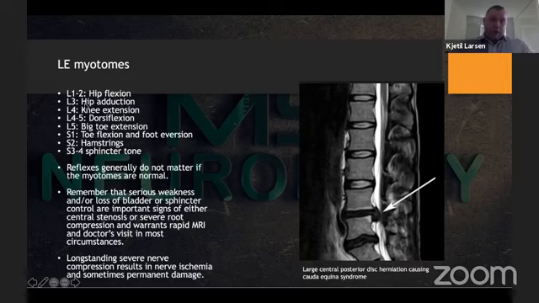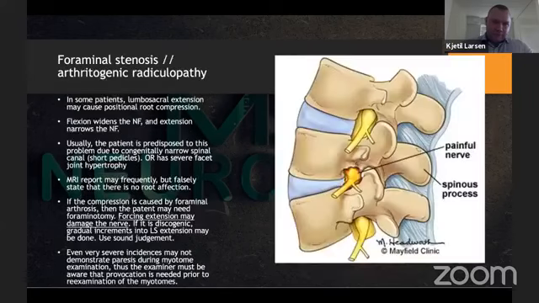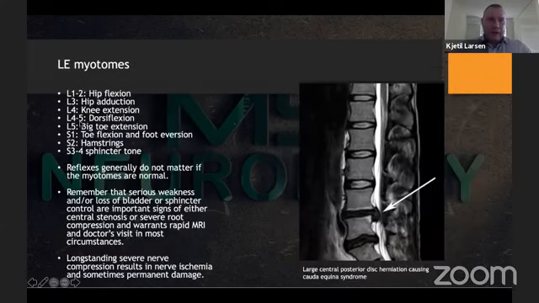The most common nerves that get affected, especially in younger people, are going to be the dorsiflexors or the toe extensors, toe flexors. So the L5 and the S1 myotomes, those are the most common areas of affection in younger patients.